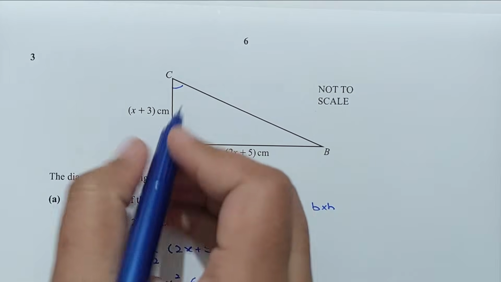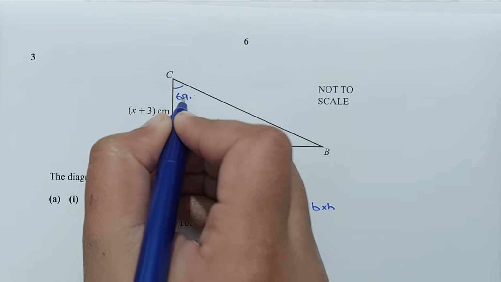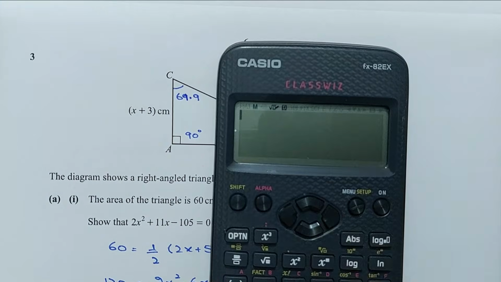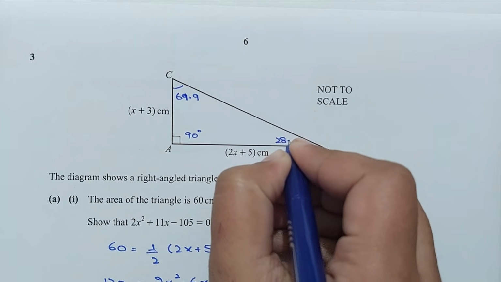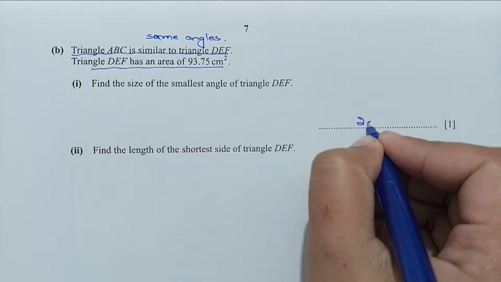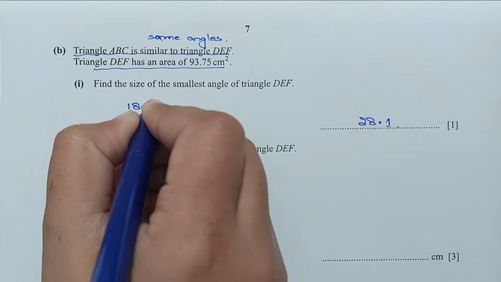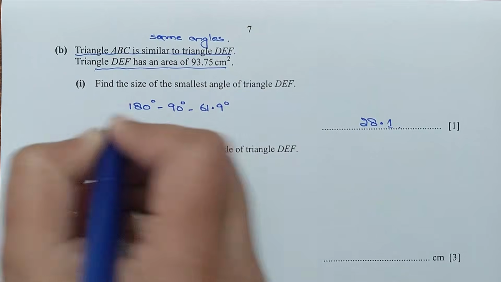So this angle is 90 degrees. This angle is 61.9 degrees, we did. So what about the third angle? From 180 subtract 90 and subtract 61.9, which is 28.1. This angle is 28.1. So the smallest angle is 28.1 degrees, we can say. We got this from 180, take away 90 and take away 61.9 degrees.